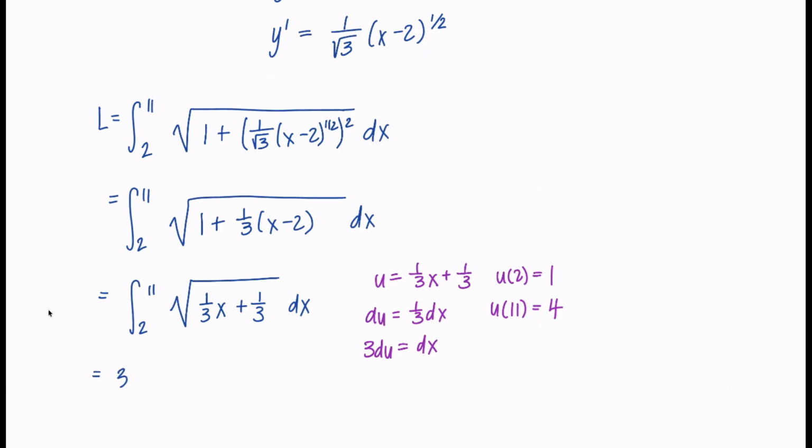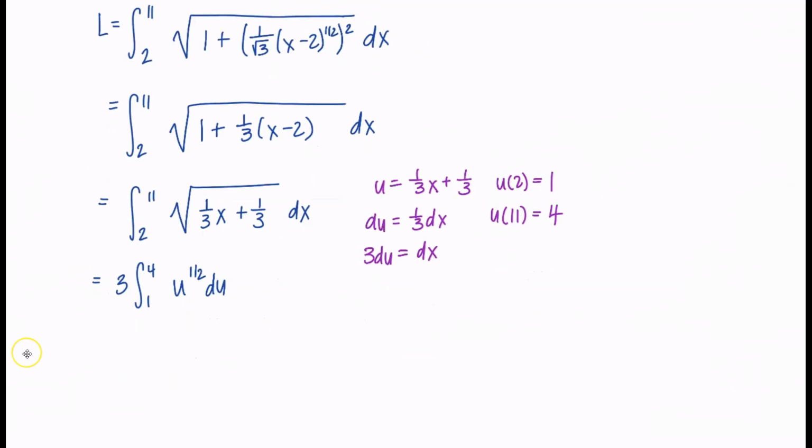We'll have a 3 in the front here. So we'll have 3, the integral from 1 to 4 of the square root of u, or u to the 1/2 du. And I'm going to make some space. Now we're going to have the antiderivative of u to the 1/2 is u to the 3/2 times 2/3, evaluated from 1 to 4. So let's see.